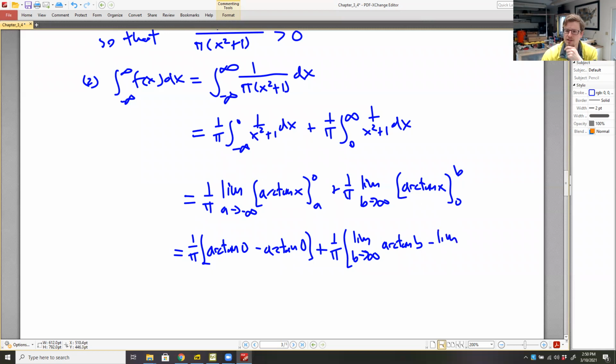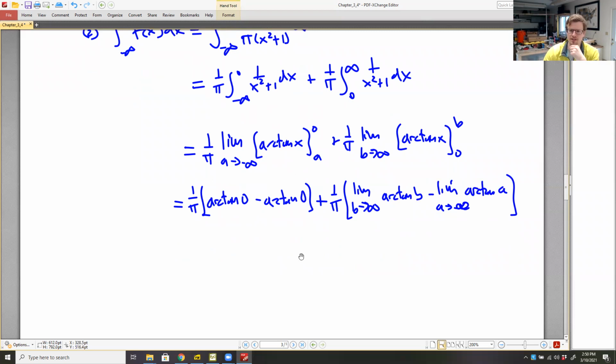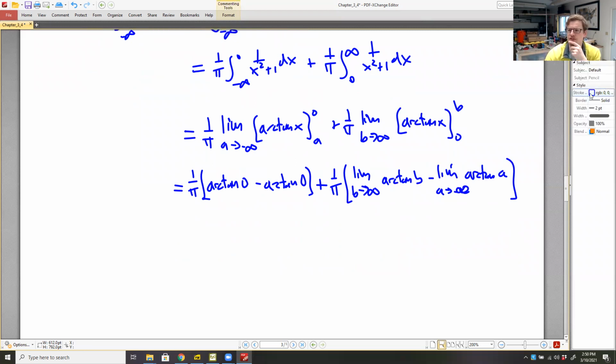So minus the limit as a goes to negative infinity of the arctangent of a. Excellent. So these two things over here cancel out. They're actually both 0 anyway, but that doesn't matter because the thing minus itself goes away.